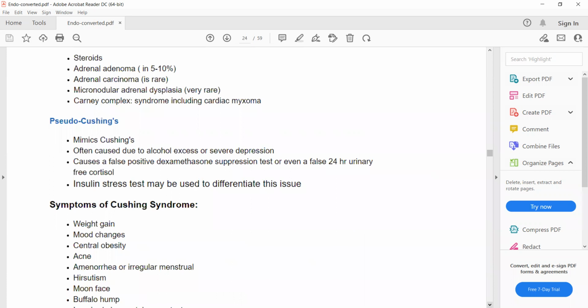So Cushing syndrome is caused by ACTH dependent causes and ACTH independent causes. Then there is another disorder that mimics Cushing syndrome, and that is known as pseudo Cushing.